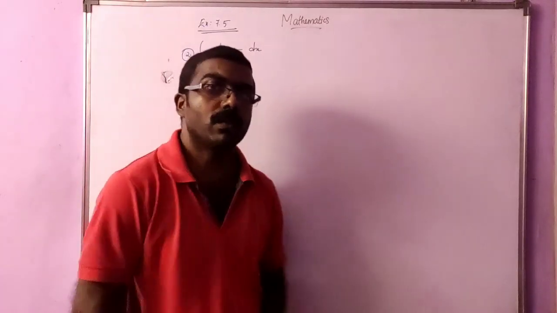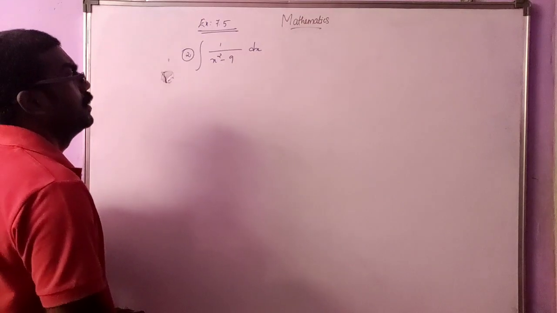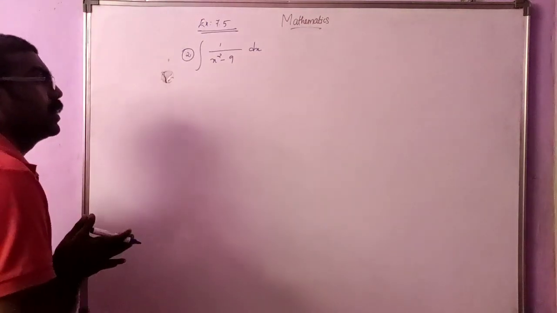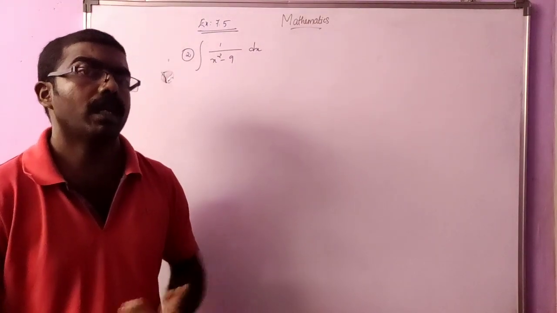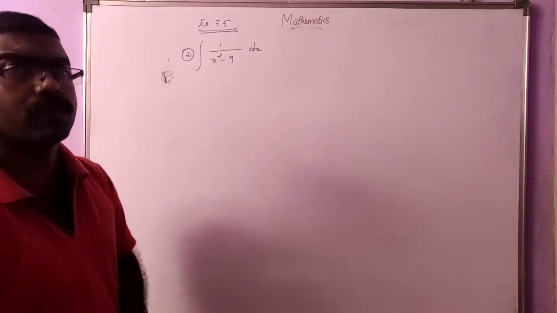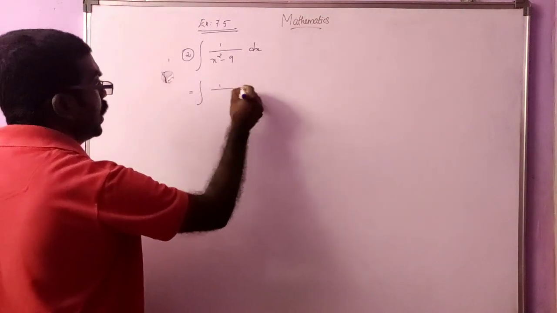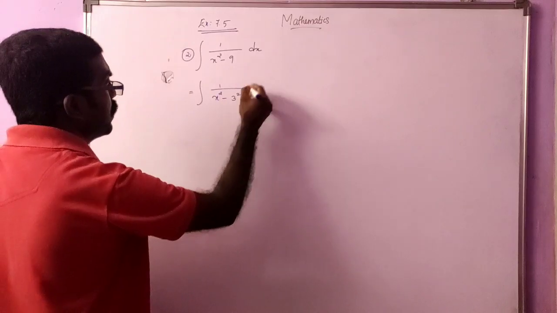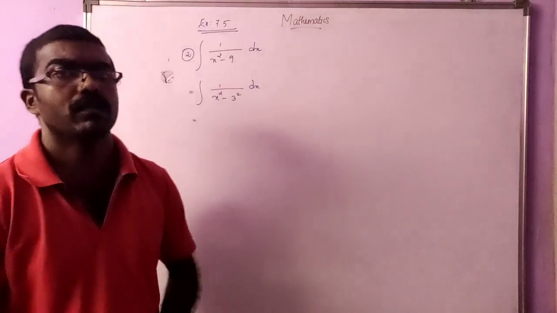Now we move on to the second question. Integral 1 by x square minus 9 dx. Here we can take x square minus 9 as x plus 3 into x minus 3. So we get two linear factors. But in this case we can apply the direct formula. We have a formula for integral 1 by x square minus a square dx. In the last session we have discussed it.